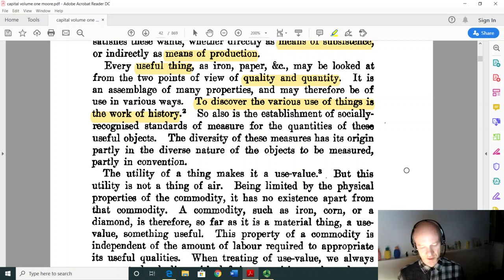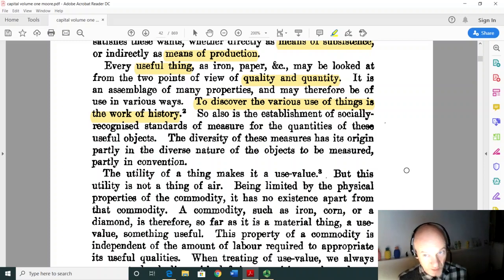Just as well, Marx also thinks, though he doesn't say it here, that the wants are also a product of history. So people in different societies, in different historical periods, have different wants, and also they find different ways of satisfying them. So all these concepts have basically history somewhat central to them.